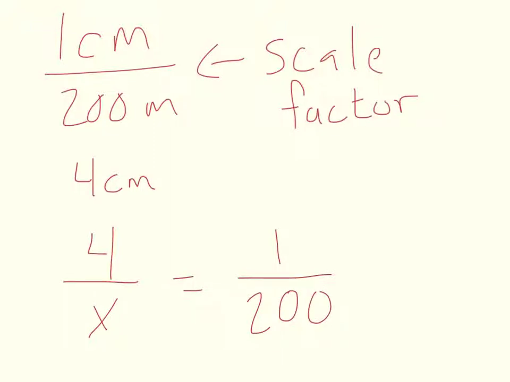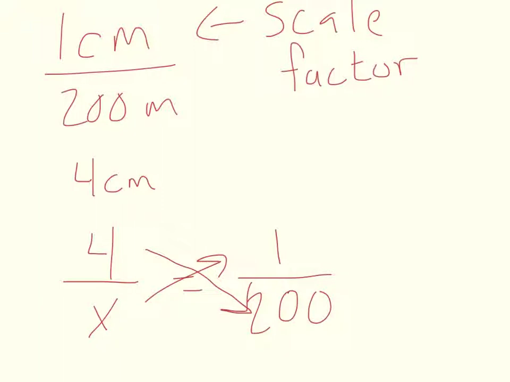From here, we just have to solve to find what the variable equals. So all we have to do is cross multiply. When we cross multiply, that's going to be x times 1, which is just x, equals 4 times 200, which is 800.